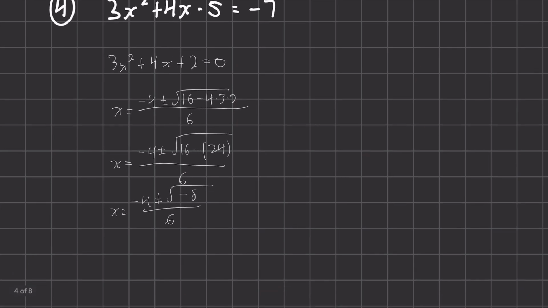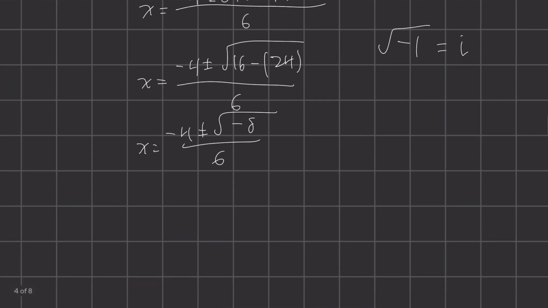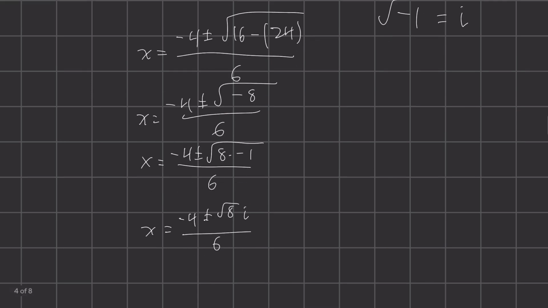So just recall that square root of negative 1 is equal to i. And so that's how we're going to simplify this radical right here. So we have x is equal to negative 4 plus minus. We can rewrite this as 8 times negative 1. And what is square root of negative 1? That is just i. So we can write that as square root of 8i over 6.